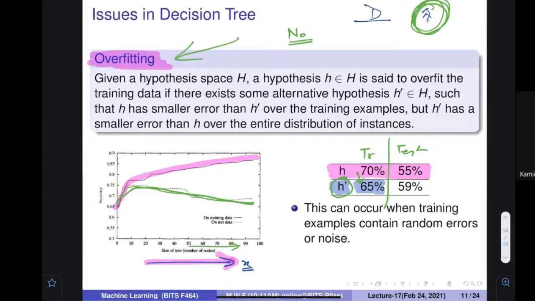Are you agreeing with me? It is not a good hypothesis because its accuracy is only 65%. But if I tell you more information, that on the testing data its accuracy is 59%.